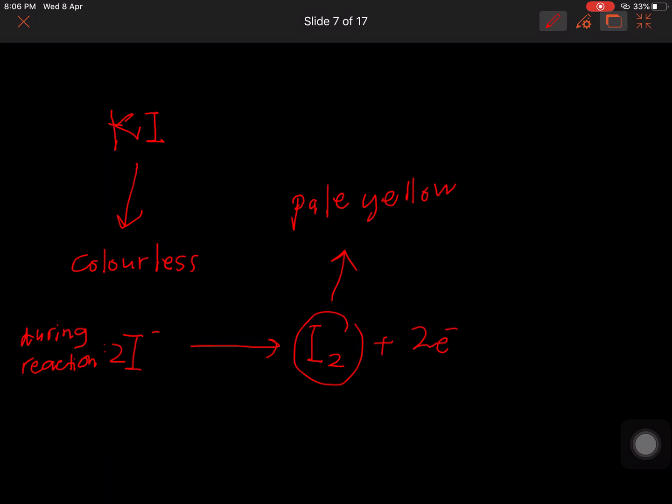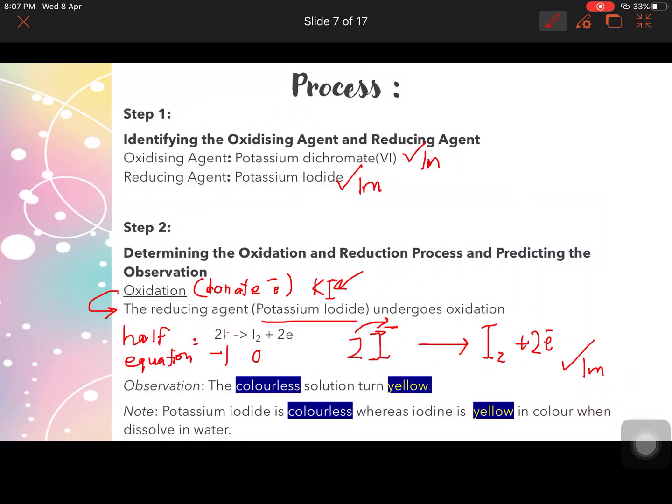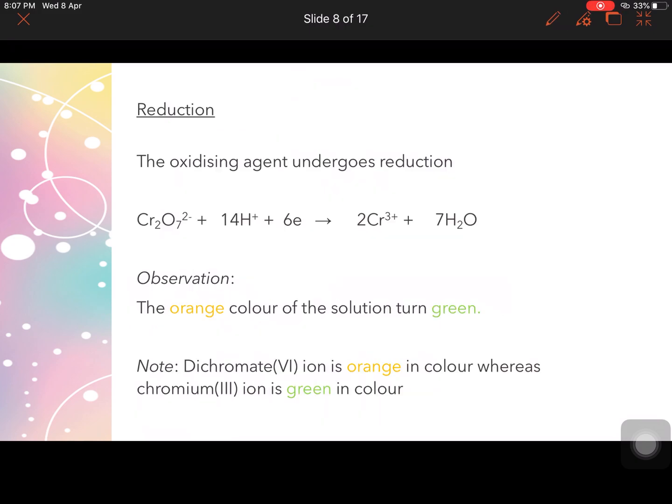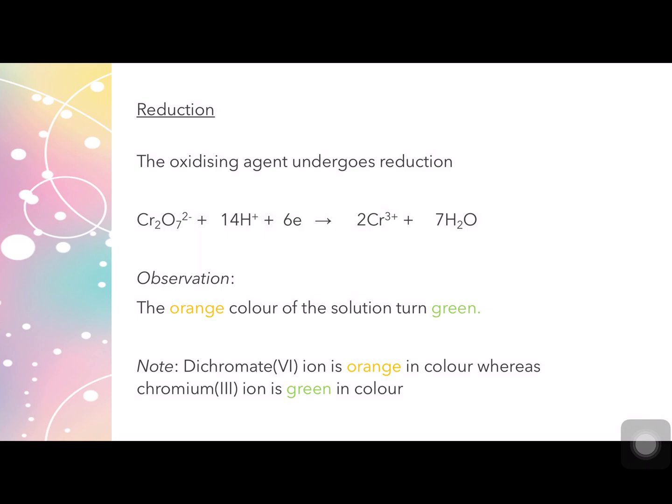So that's a color change from colorless to yellow or pale yellow. That's the observation. Potassium iodide is colorless, whereas iodine is yellow in color when dissolved in water. Colorless to yellow. That one is for oxidation.